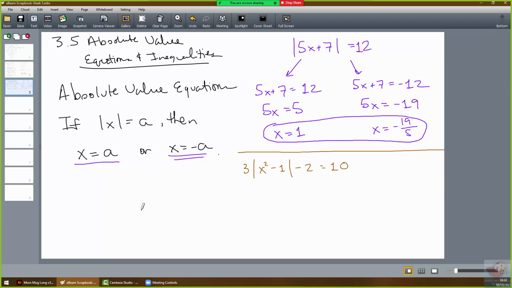Let's suppose we had 3 times the absolute value of x squared minus 1, minus 2 equals 10.